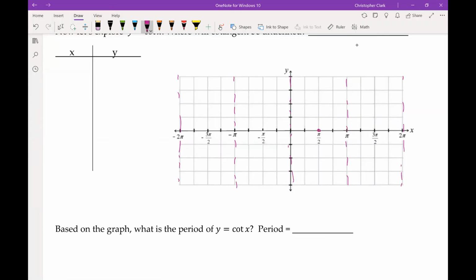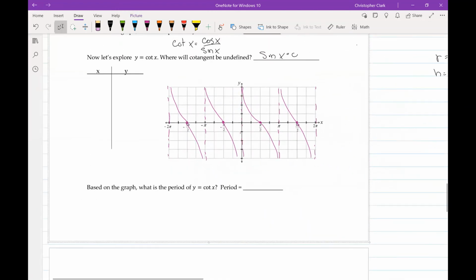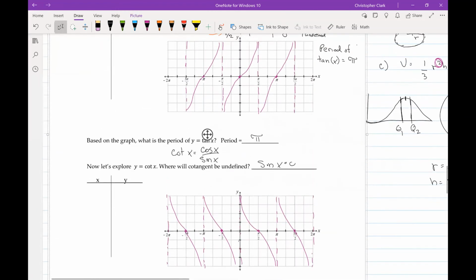We've got 0 points here because that is where cosine is 0. And it looks like this. There you go. So you'll notice if I make this a little bit smaller and see if we can get them both on the same page, when one is growing, because they're reciprocals, the other one has to shrink and vice versa. So that's where it ends up looking flipped.